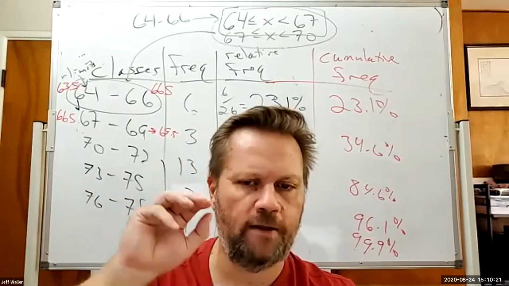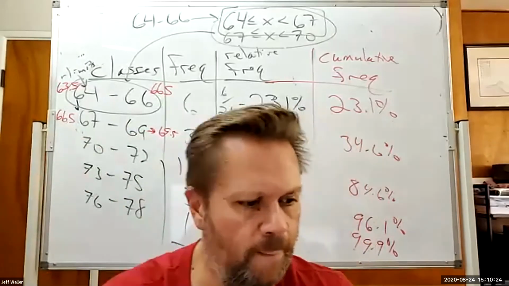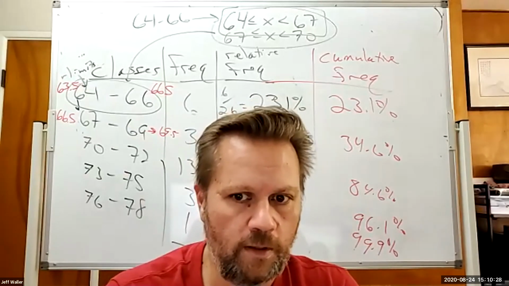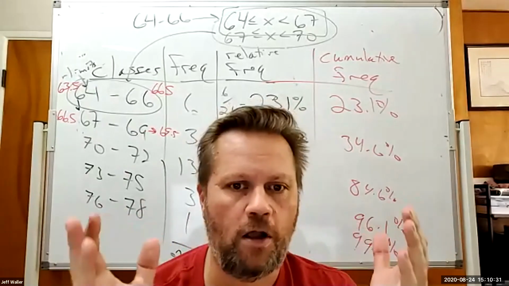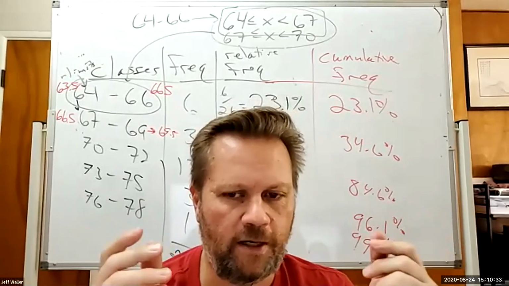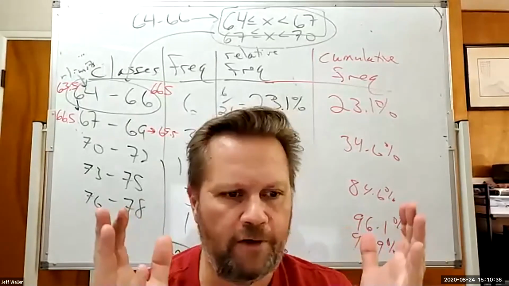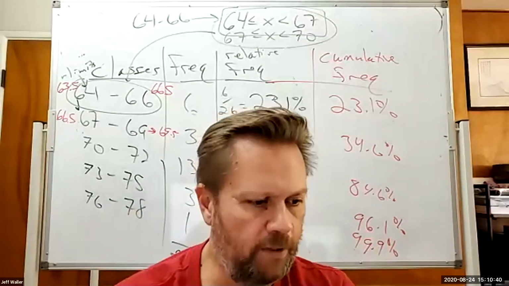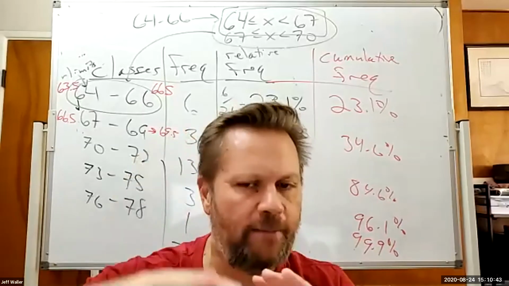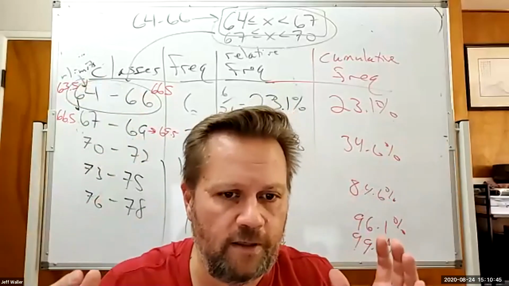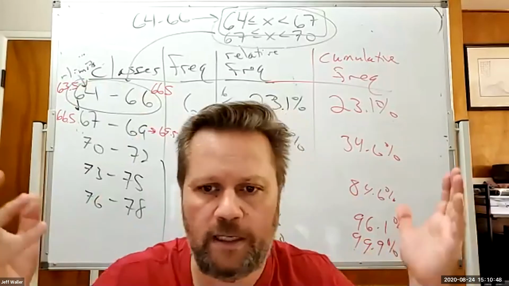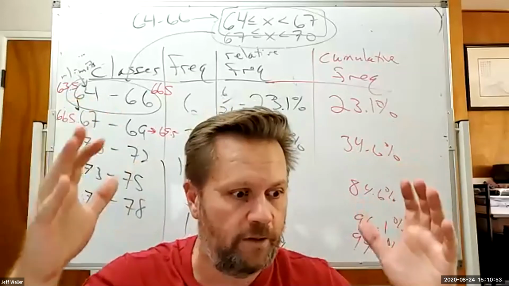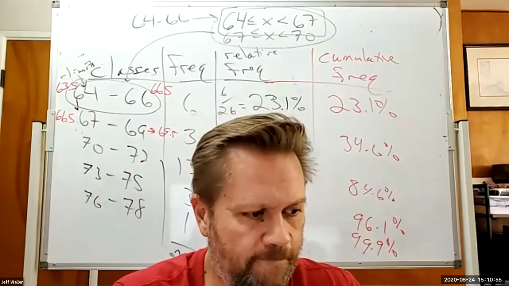For example, if the population is all German Shepherds, then a parameter could be that the average tail length for all German Shepherds is 7.2 inches. That would be a parameter because it's describing a population. If I said the average tail length of dogs, which dogs? All of them. Okay.